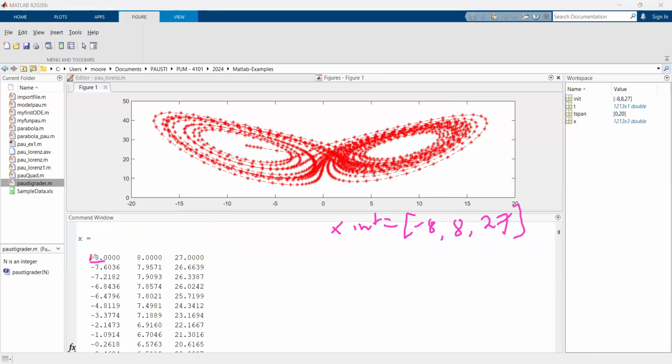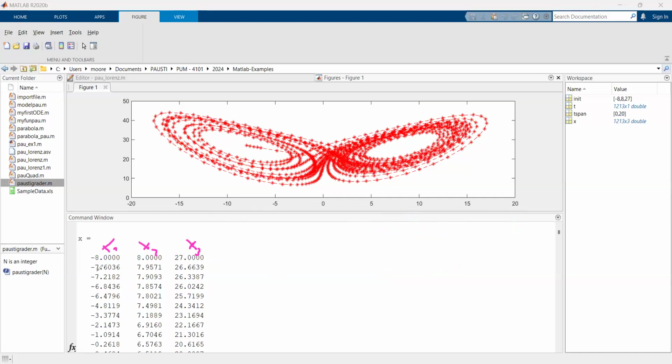And now we give a time span from 0 to 20. So we do ODE45 and solve over the interval from 0 to 20, and then we plot. This is what we get: this is for x1, this is for x2, this is for x3, right?